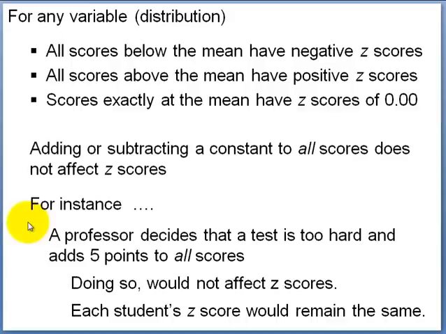The professor might then, for instance, add 5 points to each score. So the constant 5 is being added to all scores. If the professor did this, that would not affect students' z-scores. Each student's z-score would remain precisely the same.